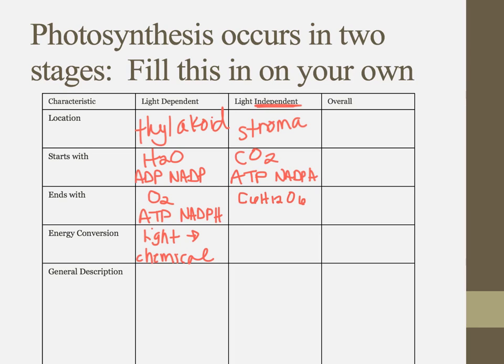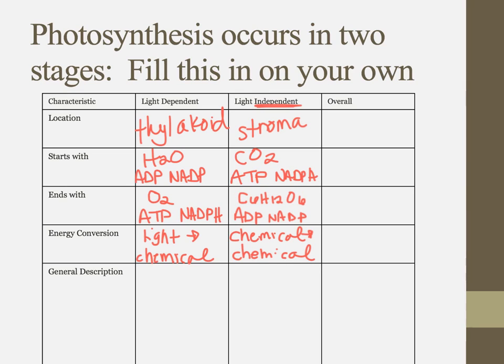Okay, and then we're back to ADP and NADP because we used the energy and electrons from these guys to make this glucose. Okay, so here we're going from chemical energy in these molecules, and we're ending with chemical energy in the bonds of glucose.